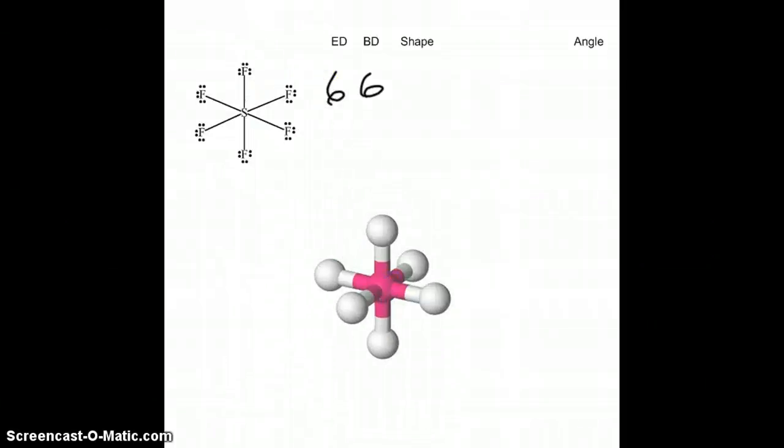Okay, and if we're going to use dashes and wedges, these here should be dashed, indicating that they go back, and these guys should be wedges, indicating that they come out. So those guys are kind of the belly of the molecule, and these are the axis of the molecule, so they're actually equatorial and axial bonds.